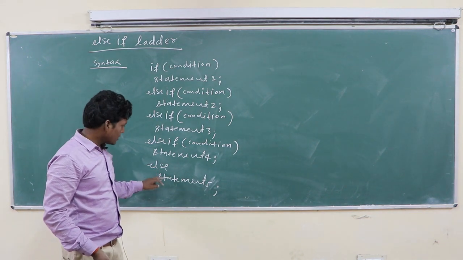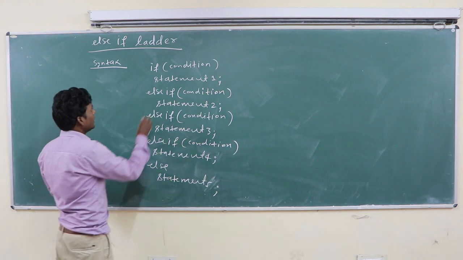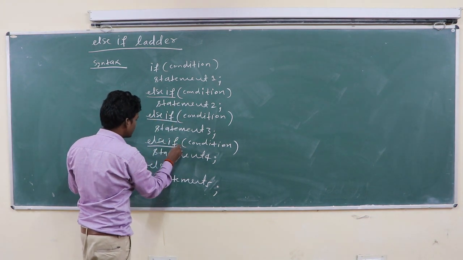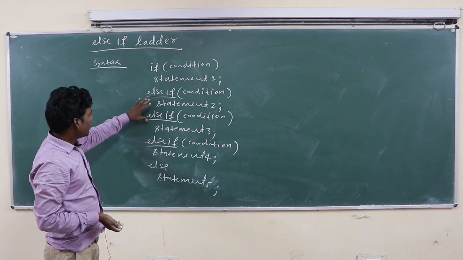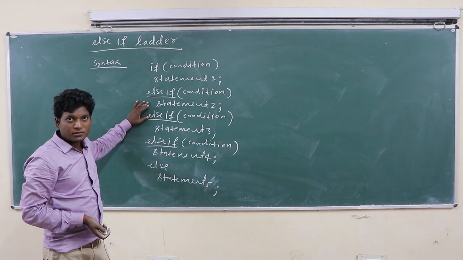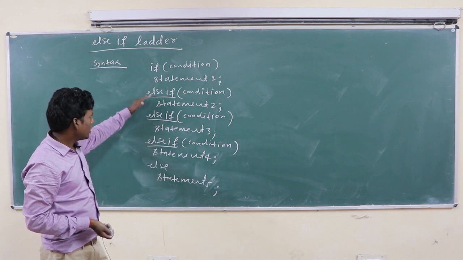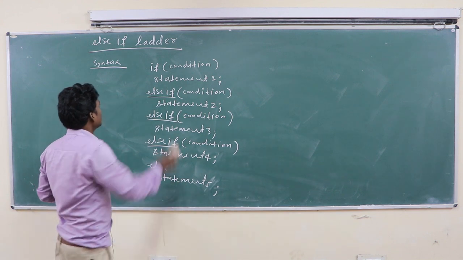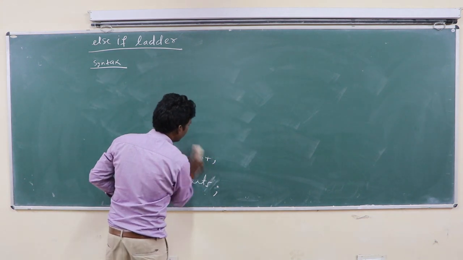Finally else statement. Okay, this is the example of an else if ladder. So here you may see else if. This else if may occur many times, depending upon requirement. So that is called the else if ladder. Okay, this is the syntax. Now we are going to describe one example on it.